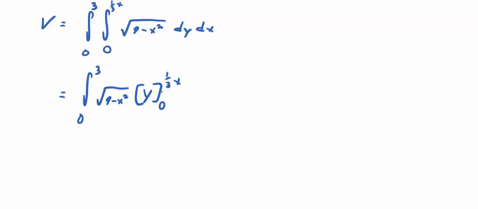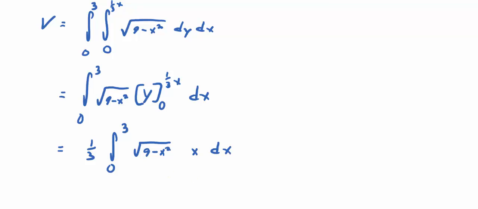The outer integral hasn't gone anywhere. Then I just get 1/3 x when I plug in the upper limit of integration, minus 0, which doesn't do a whole lot. So I'm going to bring the 1/3 out front: 1/3 times the integral from 0 to 3 of the square root of 9 minus x squared times x, dx.